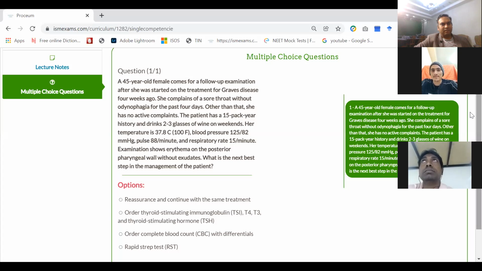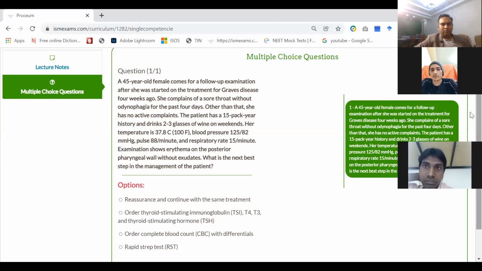A 45-year-old female comes for a follow-up examination after she was started on treatment for Graves' disease 4 weeks ago. She complained of a sore throat without odynophagia for the past 4 days. Other than that, she has no active complaints. The patient has a 15 pack-year history and drinks 2 to 3 glasses of wine on the weekend.